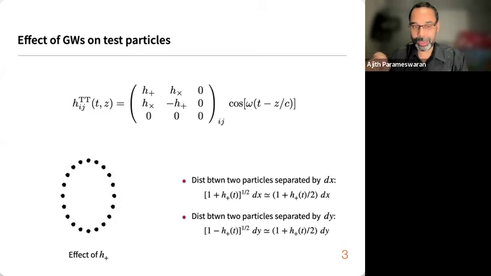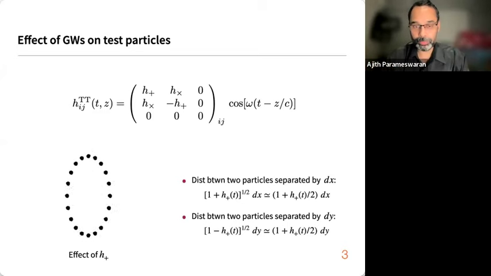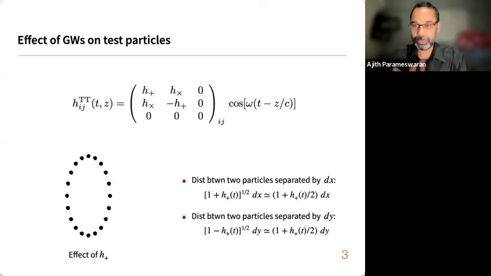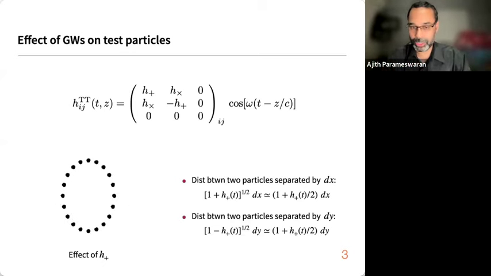Now, let's take a look at how such a perturbation over the Minkowski metric would change the proper separation between points, which is something that we aspire to measure using these interferometers. The gravitational waves in this gauge can be written as a time-dependent perturbation to the spatial part of the Minkowski metric.